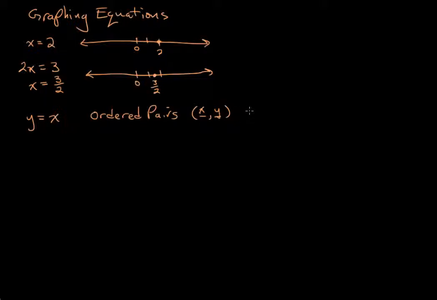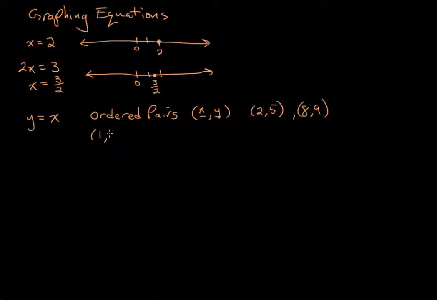So ordered pairs come in all shapes and sizes. You can have any two numbers, 2 and 5, 2 comma 5, 8 comma 9, etc. Now these are not solutions to our equation. The solutions to our equation are a specific set of pairs of numbers.